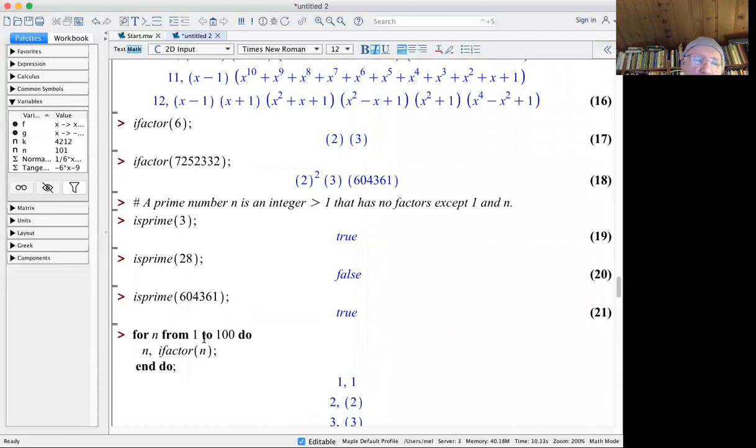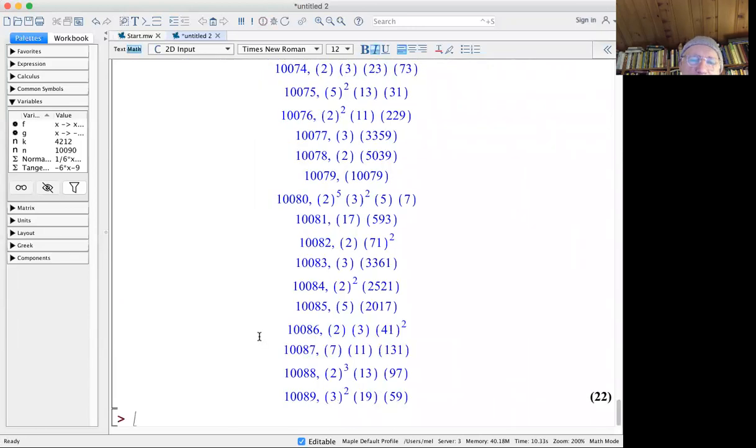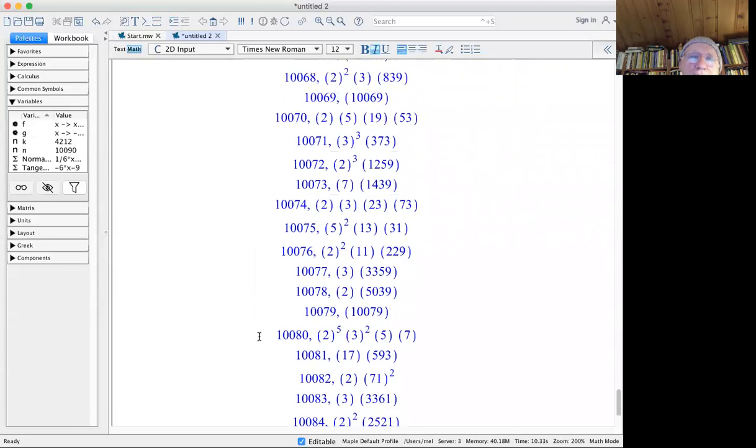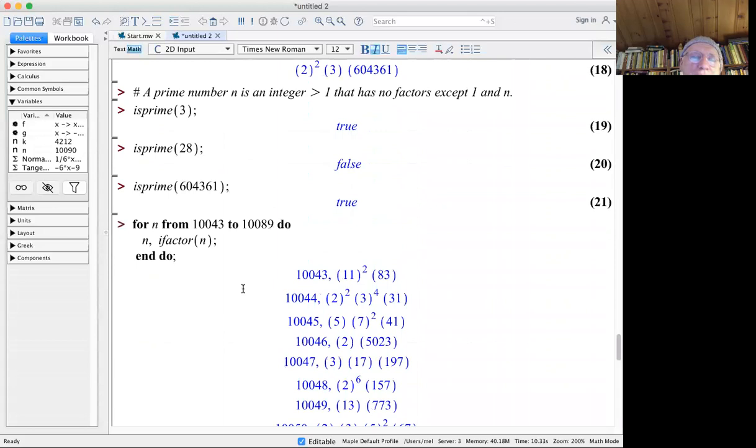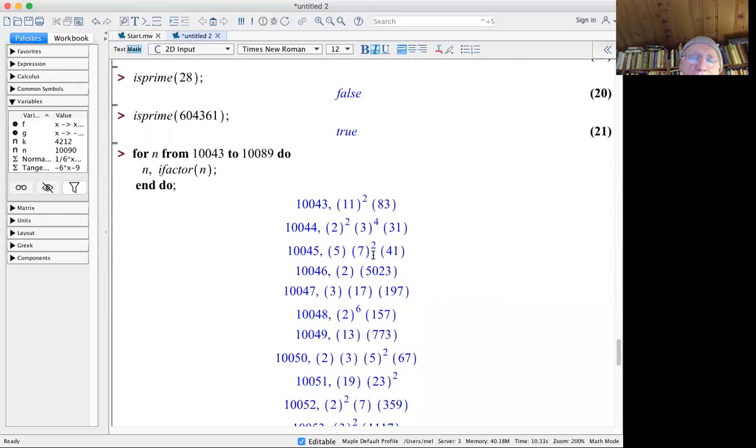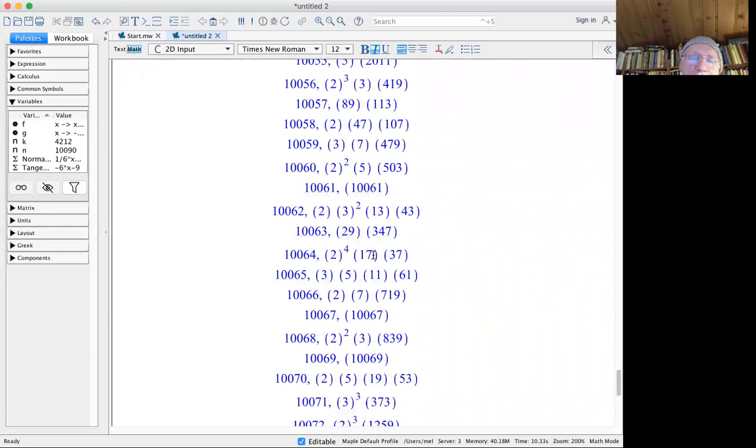If you want to make it more challenging, I don't know, from 10,043 to 10,089, factor all those numbers. Took a second maybe, but we have 47 numbers. This is their factorization.